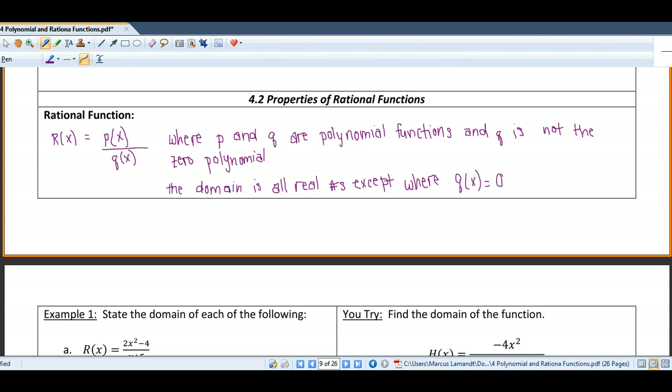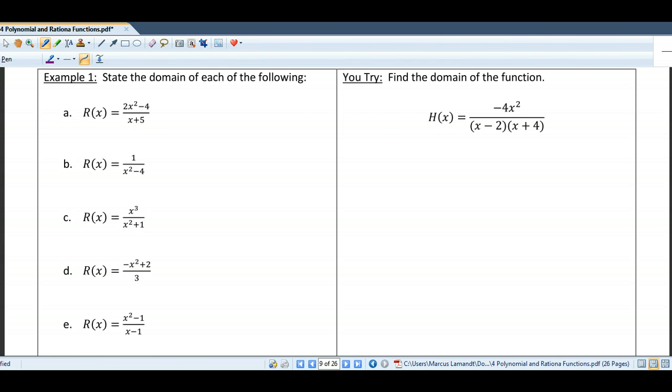Okay, so for example, if I were to find the domain of these functions, all you need to do is set the denominator equal to 0, and that is what is not included in the domain. This is what x cannot be, since the denominator cannot equal 0.